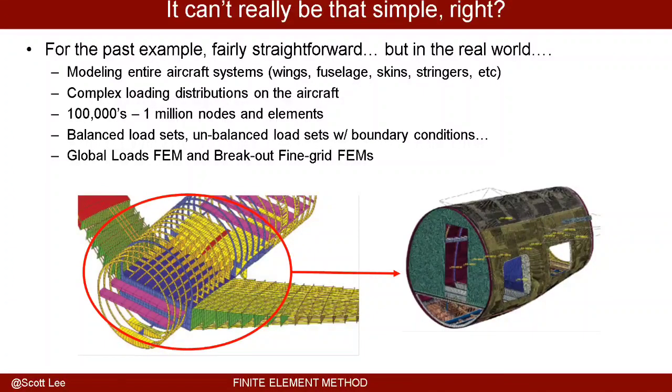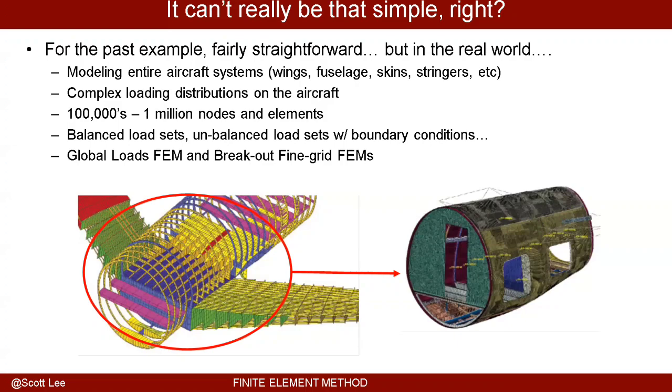And then what we do is we create what we call a breakout fine grid FEM. And on the right is an example of a breakout fine grid FEM where it's much more finely meshed, where the element sizes are not 3 inches, they're more like 0.2 inches, 0.1 inches. And in this scenario, we're able to model a lot more details, such as KT features.